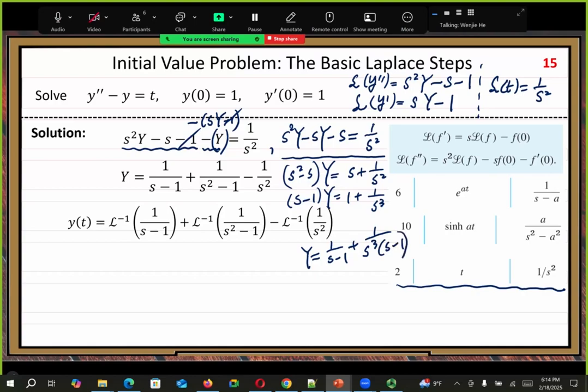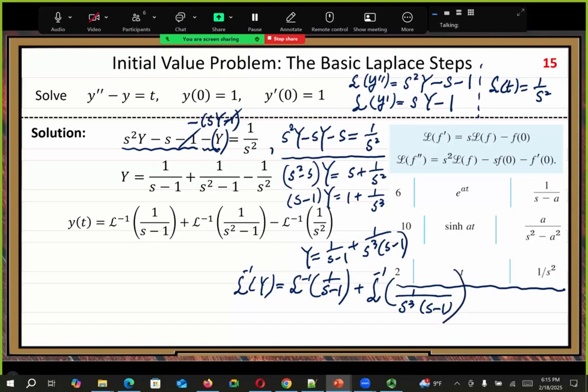All right. So it's different from my earlier one. Then L inverse equals 1 over S minus 1 plus the second term, like that.